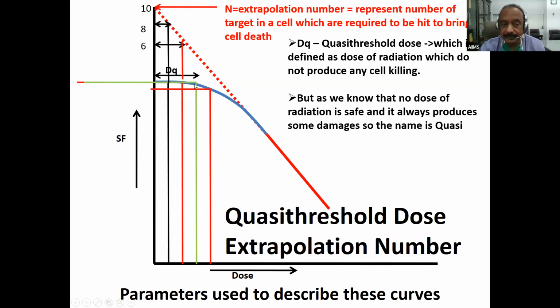When you further increase the dose, it will further increase the number of targets deactivated, but not all the 10, still 3 targets are surviving. That is why up to this point, there is no reduction in survival fraction. At this point, this is the dose which is sufficiently high to deactivate all the 10 targets. And that is the reason that after this, you will start seeing dipping in survival fraction, or reduction in survival fraction. I hope I am clear now.